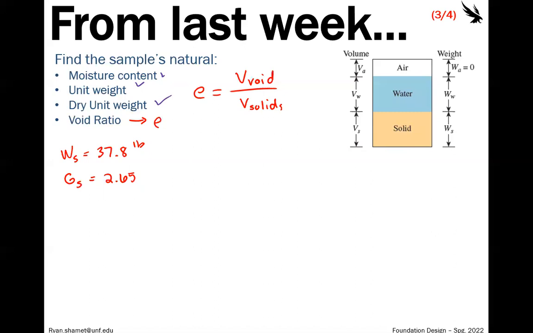What we know about the unit weight is that the specific gravity is equal to the unit weight of the solids divided by the unit weight of water. The unit weight of solid is equal to the weight of the solid divided by the volume of the solid, and then again divided by the unit weight of water.